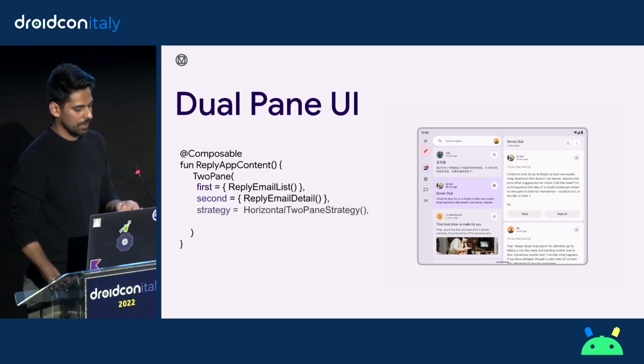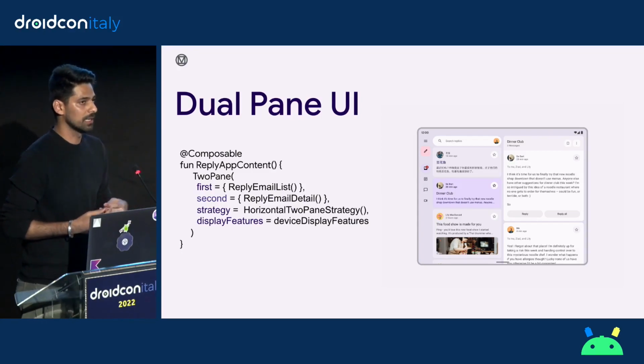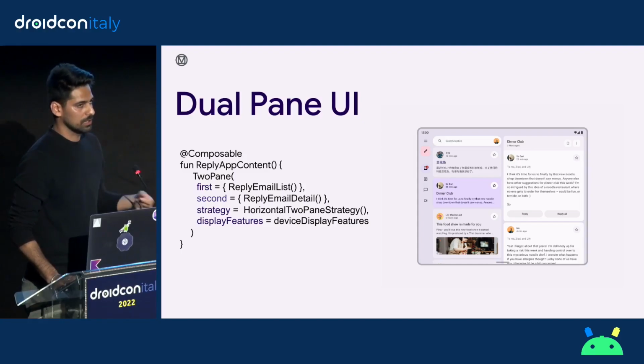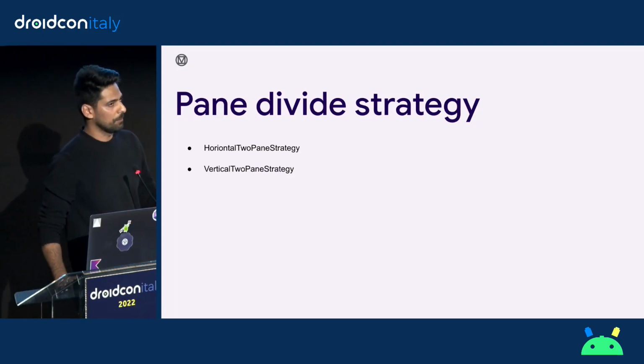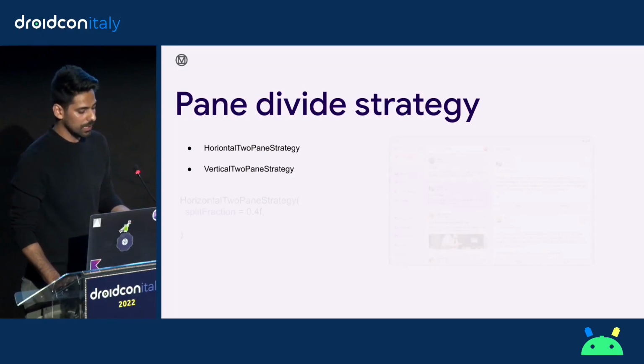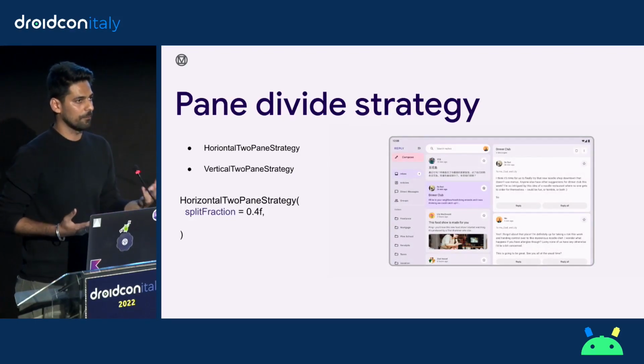And it also provides us the strategy and display features. So if there's a foldable or some states, it can take care for you instead of us defining all the situations. We have both the horizontal and vertical pane strategy, which even gives us more power to split our device UI in different fashions.